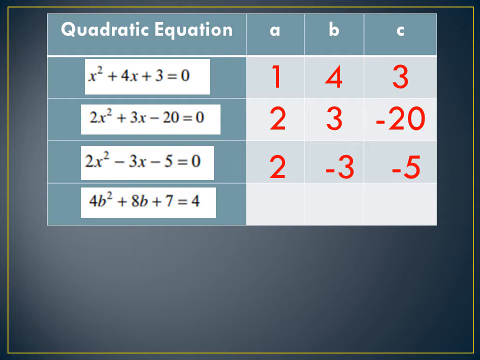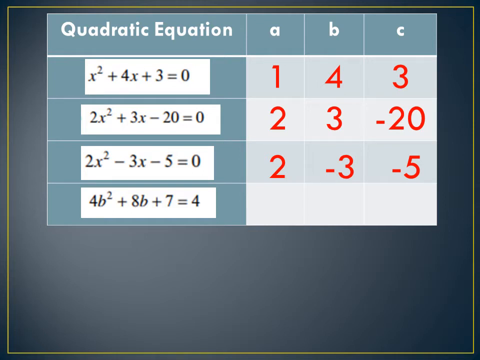So first, we should make it into its standard form or transform it. How? By making the 4 at the right side 0. 4 can become 0 if you add its opposite. So we add negative 4 to both sides.